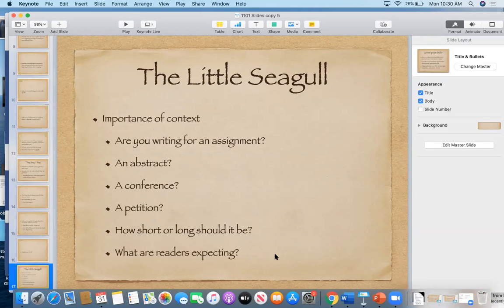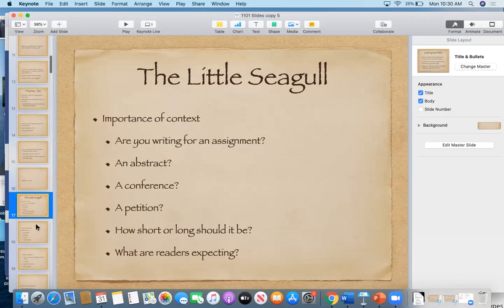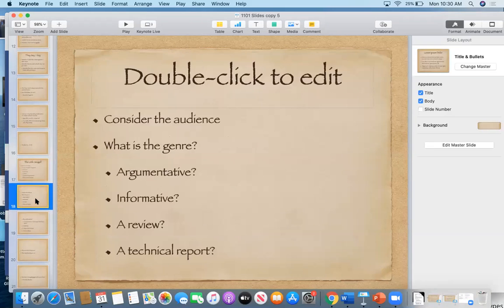And then also consider what readers are expecting from your paper, the audience. The Little Seagull talks about genre. Is your paper going to be argumentative? For most papers you're going to write in college, you will be writing an argumentative paper where you're taking a position about something.